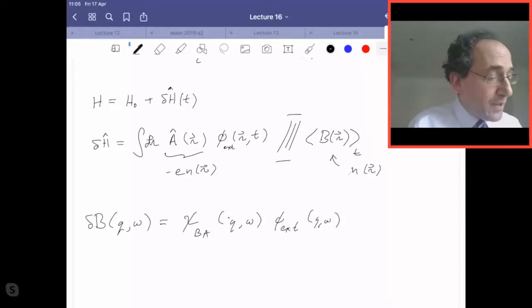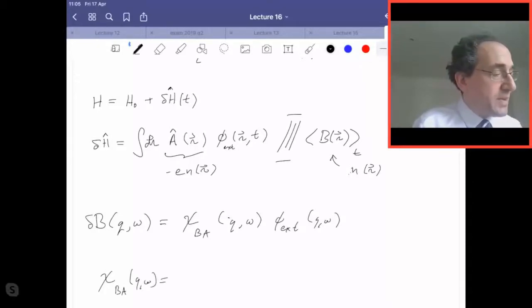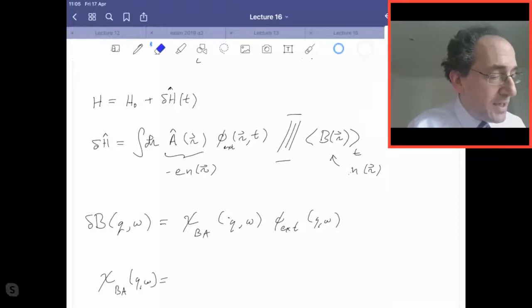But more generally, following exactly the same derivation, we could have derived that chi BA of k and omega, actually, I guess we called it k, not q. Wave vector is k.